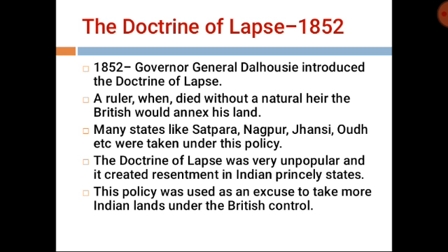According to that, when a ruler died without a natural heir, the British would control his lands. So different states, like Satara, Nagpur, Jhansi, and Awadh, and some other states, went under the control of the British.